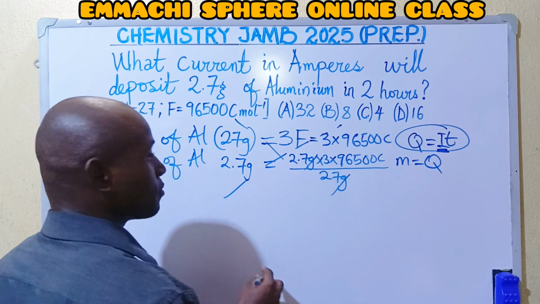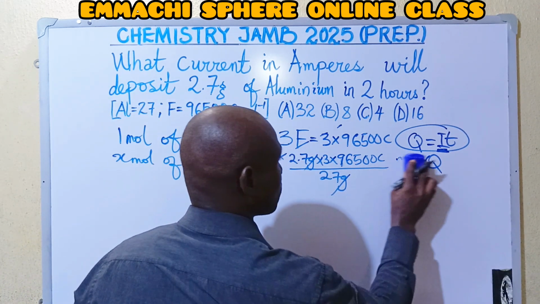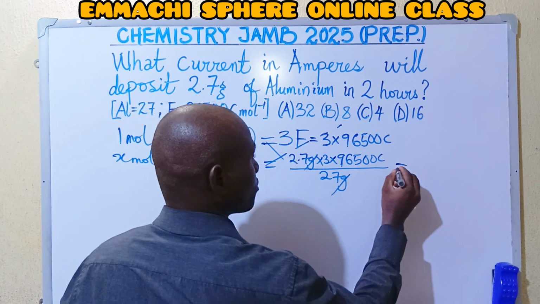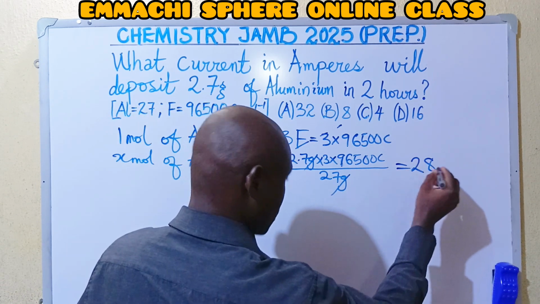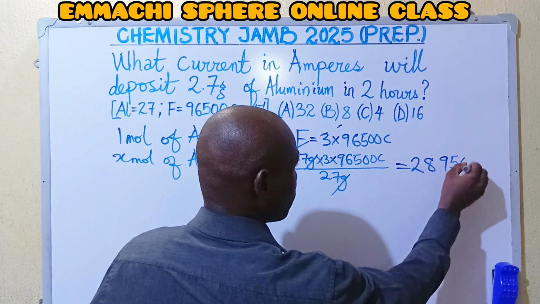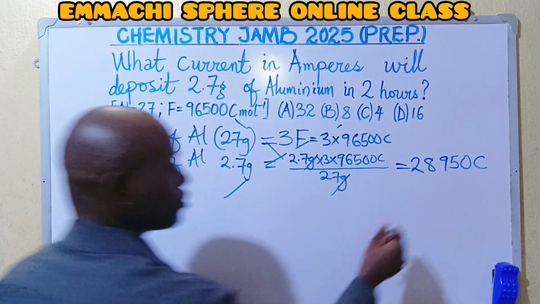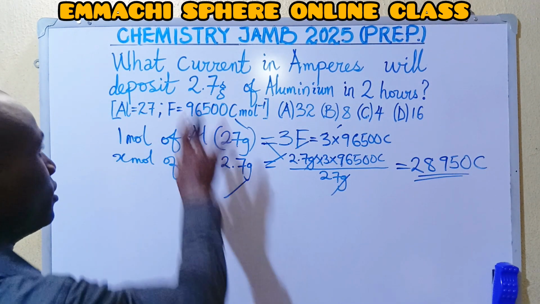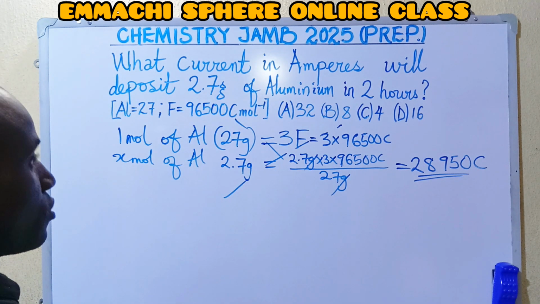So grams cancel grams, and finally we have 28,950 coulombs. Now this is the quantity of electricity that was produced in this electrolytic process.